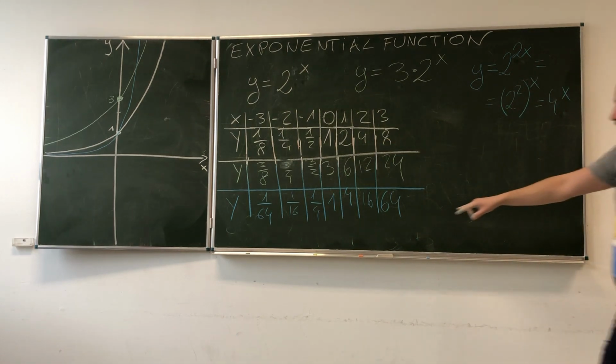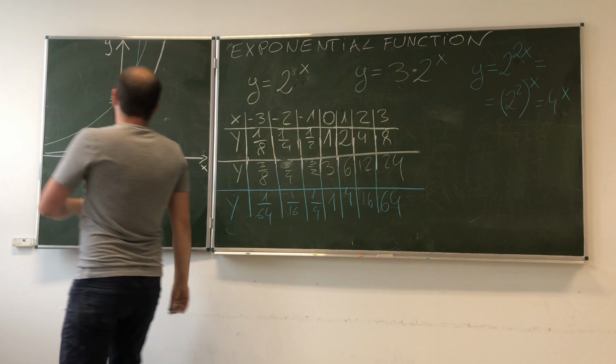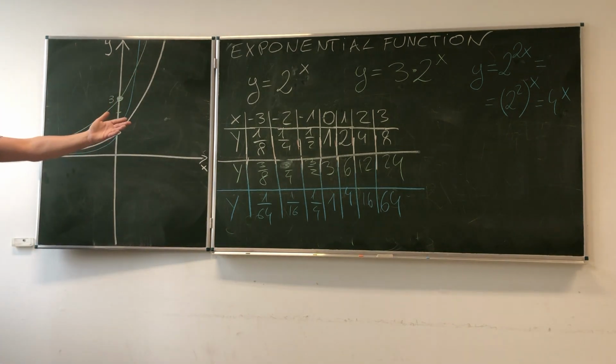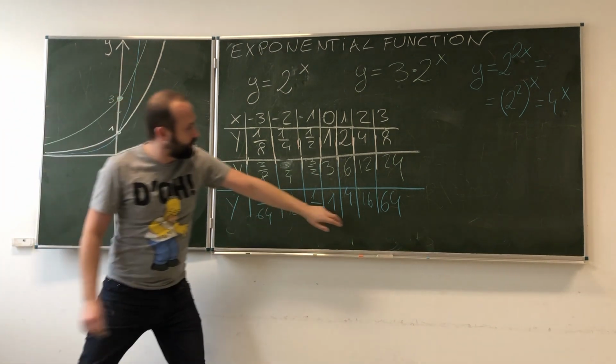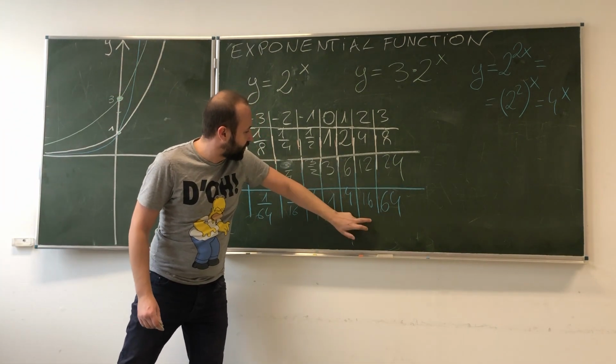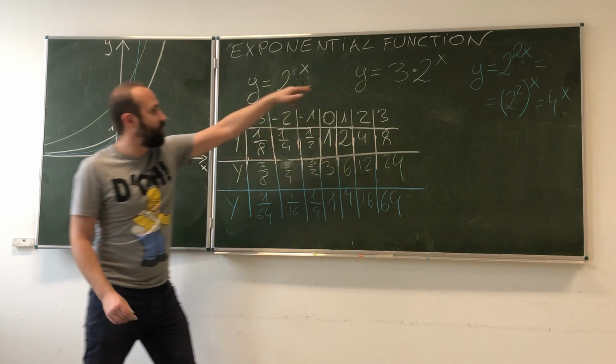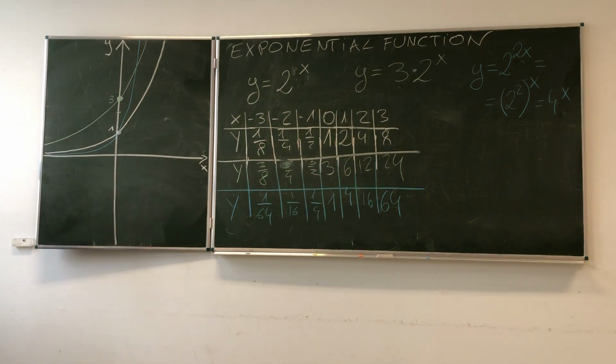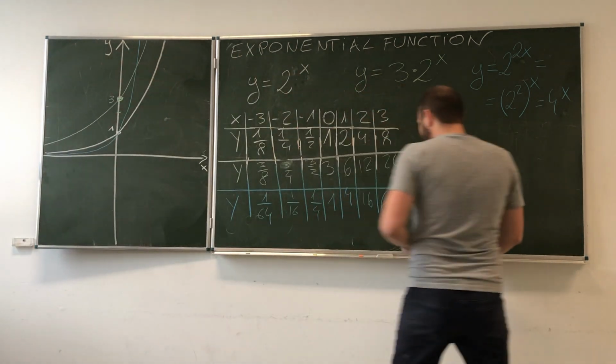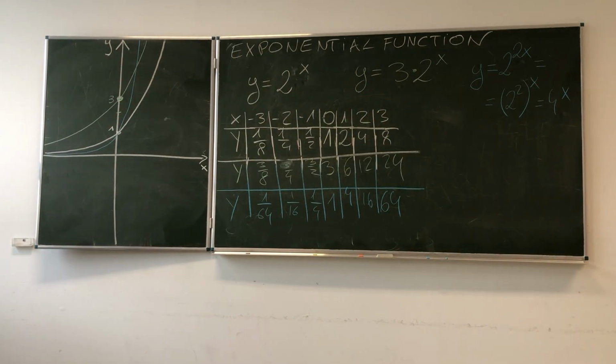But look, this function actually, as x progresses, rises even faster and faster and faster. And at some point, and you can clearly see over here, it overtakes the 3 I've imposed on the previous function. Okay, so now we've seen 3 different transformations.